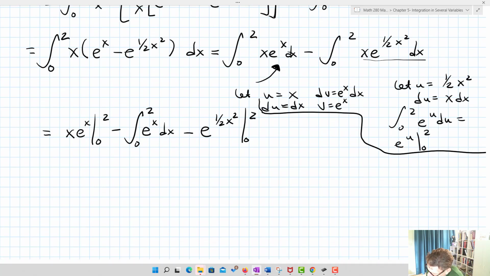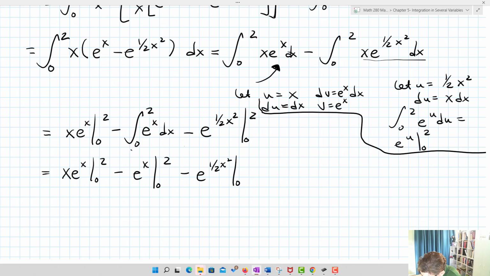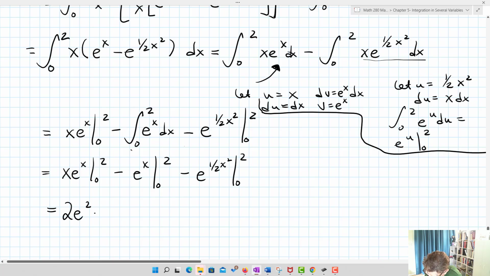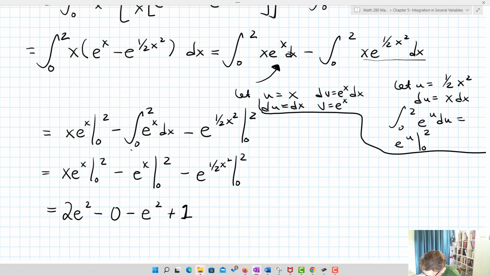So now this is going to be x e to the x evaluated from 0 to 2, minus e to the x evaluated from 0 to 2, minus e to the 1/2 x squared evaluated from 0 to 2. So this is going to be 2e squared minus 0, minus e squared minus 1, or actually in this case plus 1.